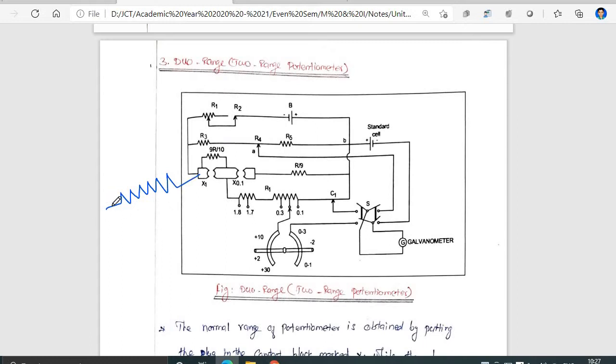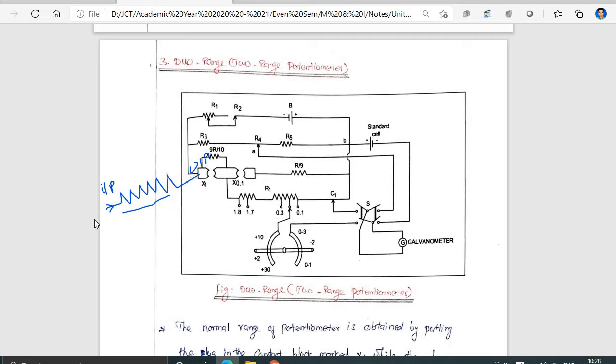You can give an input to one side, and you can take the output. This is the output end, and here we have some resistance value. Based on the resistance value, a particular amount of voltage can be dropped here, and we get output at a reduced level.